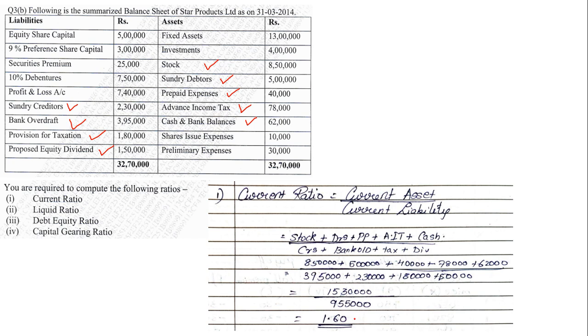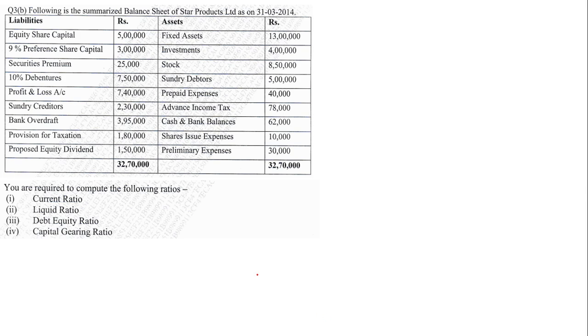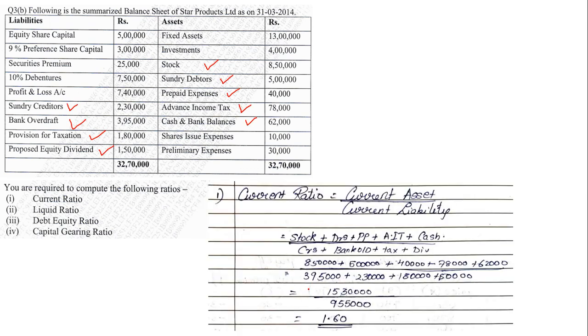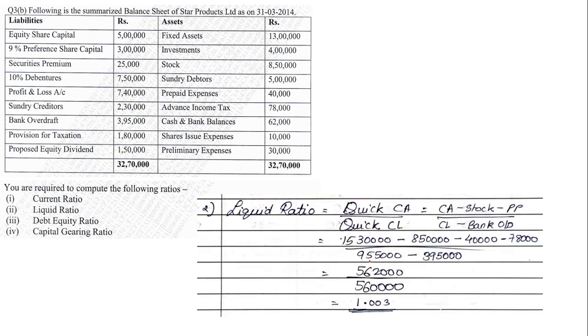Okay, second, liquid ratio. Liquid ratio, we remember the formula was quick current asset upon quick current liability, or it is also nothing but current asset minus stock and prepaid, and quick current liability is current liability minus bank overdraft. Now since we have already found the totals of current assets and current liability in the previous ratio, we can directly take that value and minus all our stocks and prepaid.